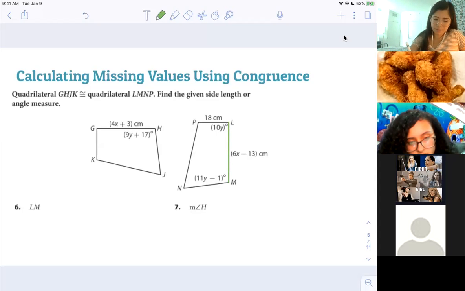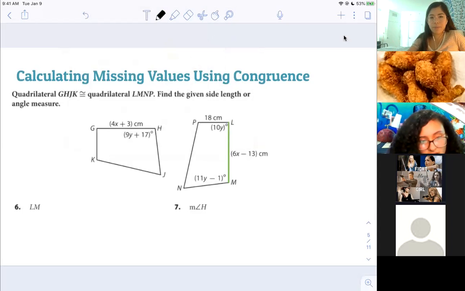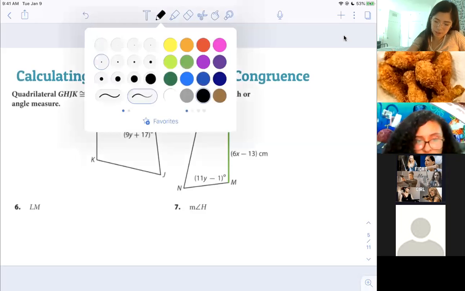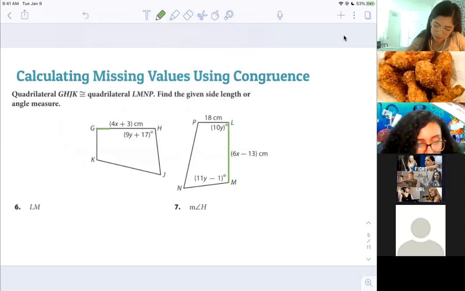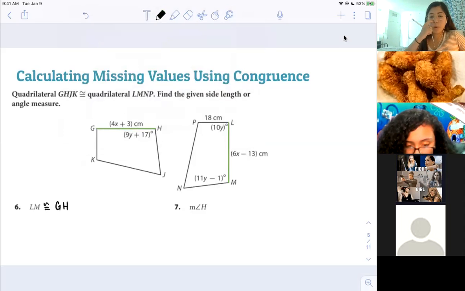What is side length LM congruent to on the other quadrilateral? GH. Yes. So I know that LM is congruent to GH. So what I can do is set up an equation that puts those two side lengths equal to each other so that you can solve for the variable x.